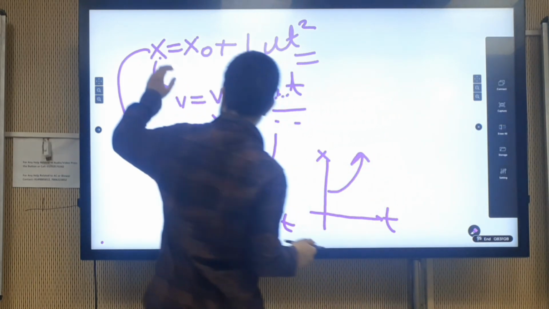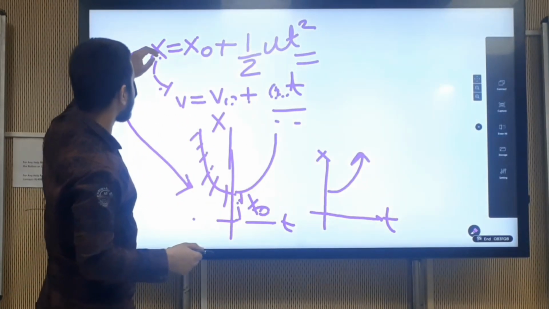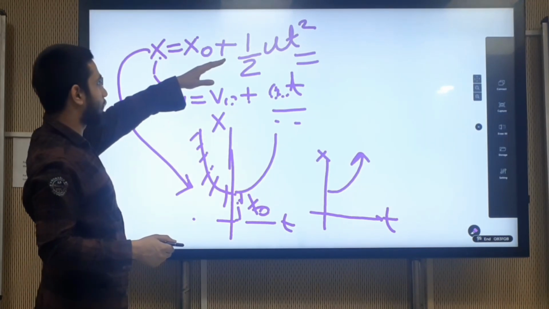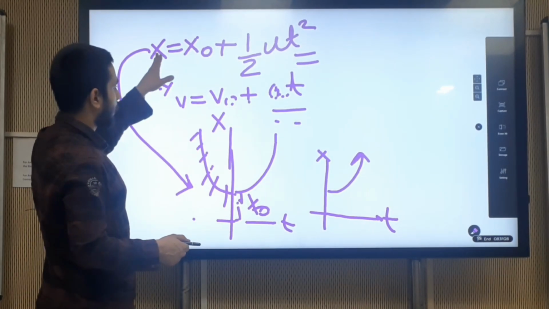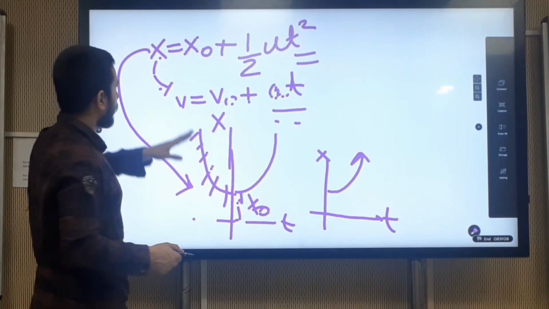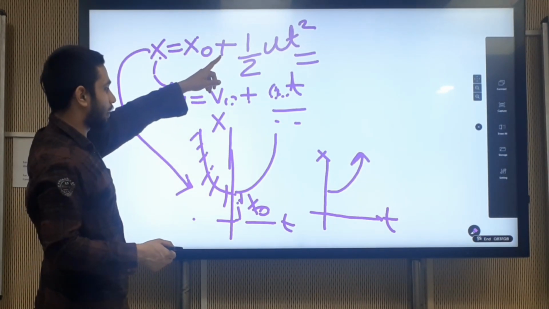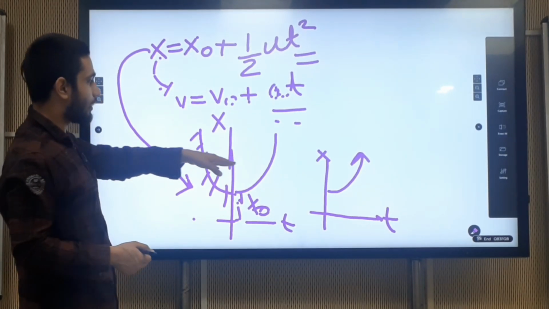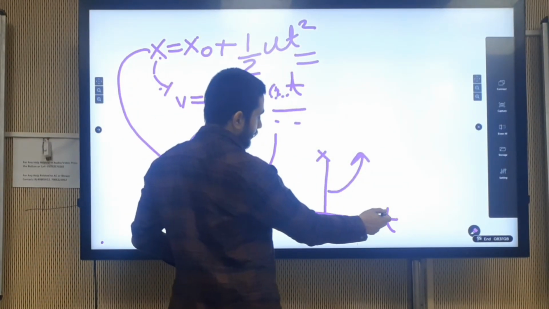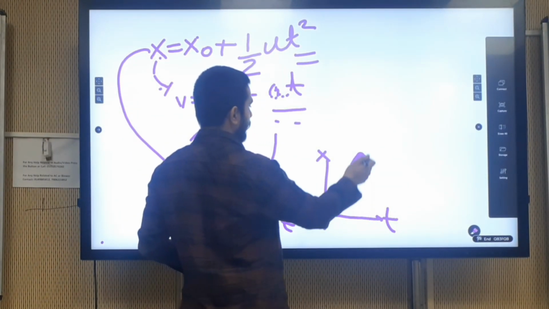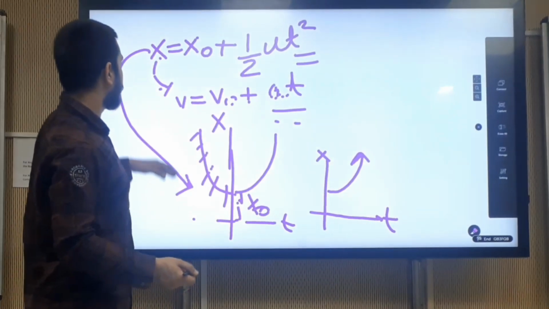When time increases, x will increase quadratically, because t square is there. T is increasing linearly, but x is increasing much faster.